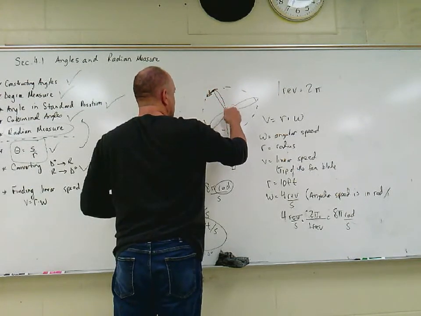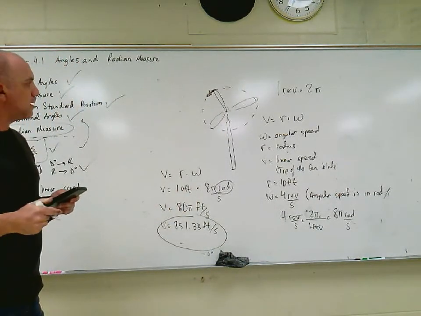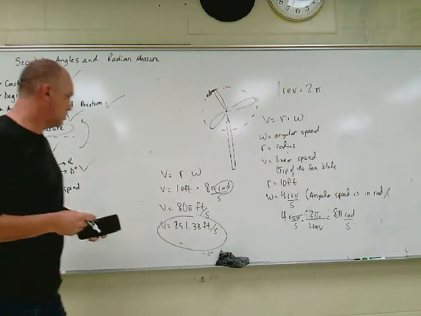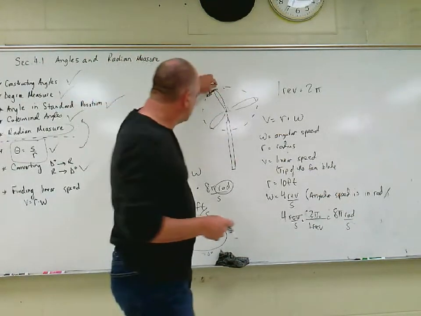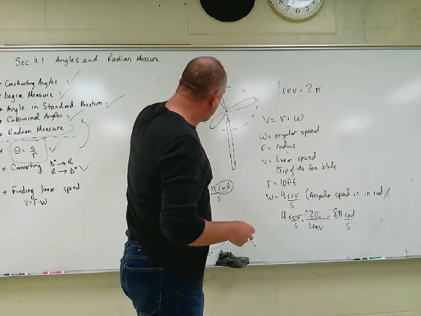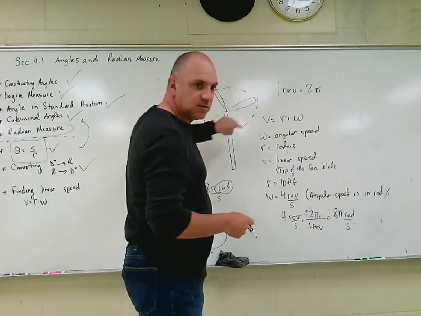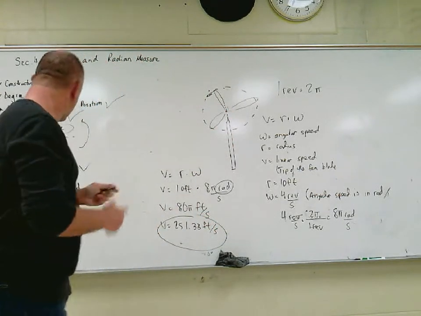So how fast it's turning and how fast the tip is moving are two different things, and we want to make sure we can make those calculations. Linear speed is how fast it's moving at that instant, and angular speed is how fast it's rotating in the middle. And that's your formula there.